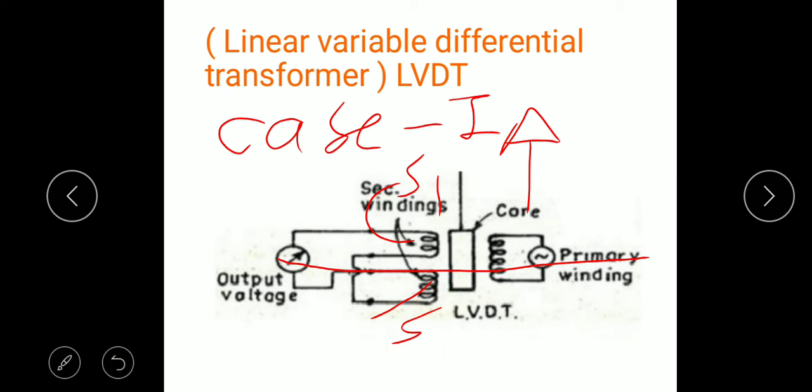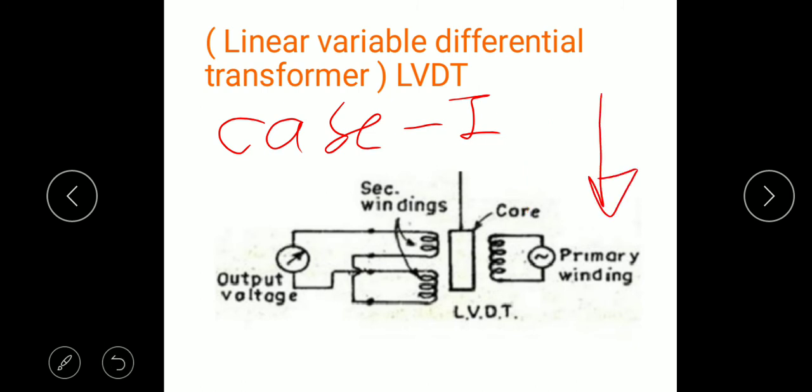Now in reverse, consider case second. Under case second, we consider the core part, or the metal piece, is moving downward. When this metal part moves downward, it makes maximum contact with the S2 coil.